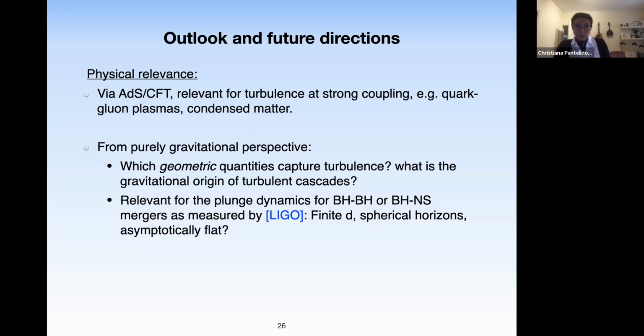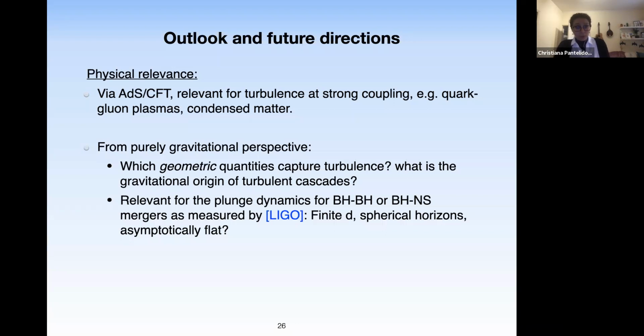On the one hand, from the point of view of AdS/CFT, these calculations are relevant when one wants to study turbulence at strong coupling, say either in systems related to quark-gluon plasma or condensed matter. But they can also be interesting from the purely gravitational perspective, and this is where Jan's question lies.